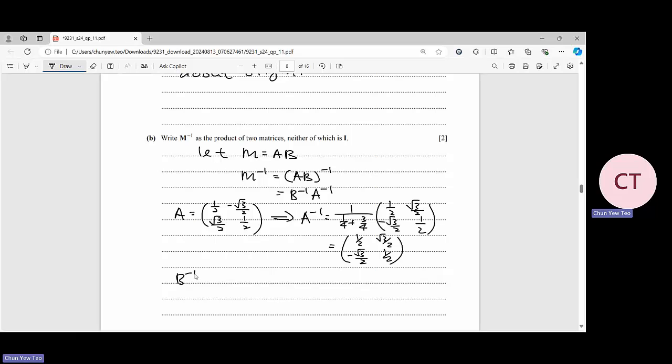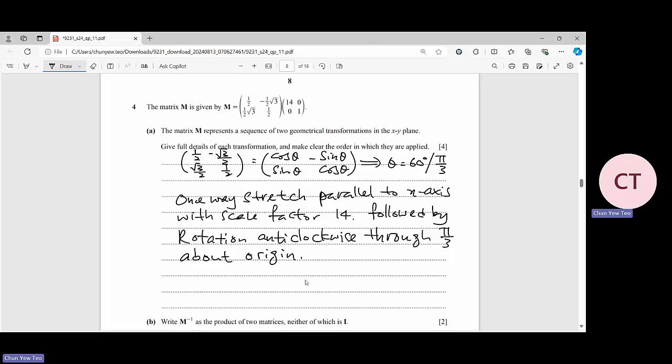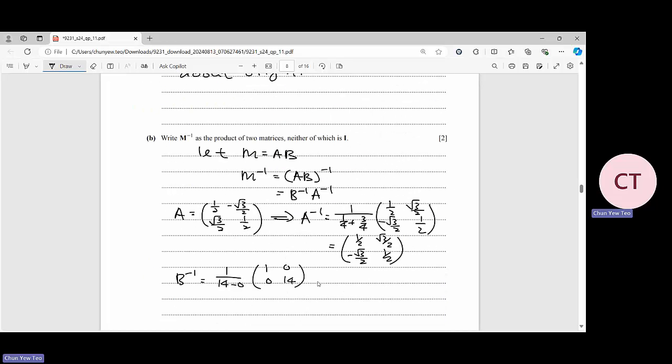Then your B inverse will be what? B inverse will be 1 over 14 minus a 0. These two values swap. Just like that. So this one, it will be 1 over 14 and 1.